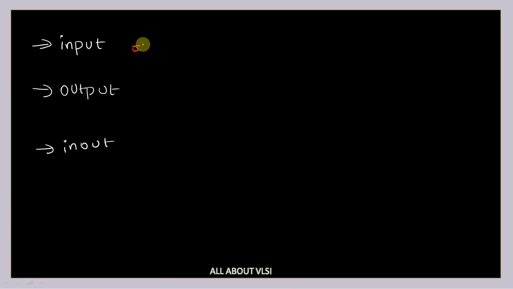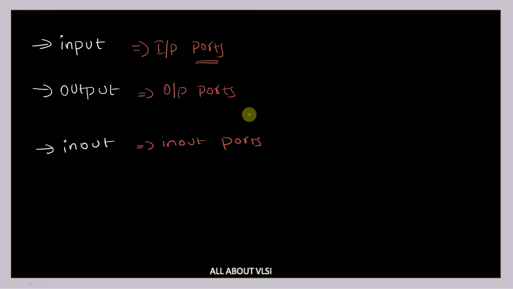Okay, input is for input ports, output is for our output ports, and inout is for our inout ports. So these are the keywords which we are going to provide for providing the directions for our ports. Okay, now we also have one more term here which is nothing but port.